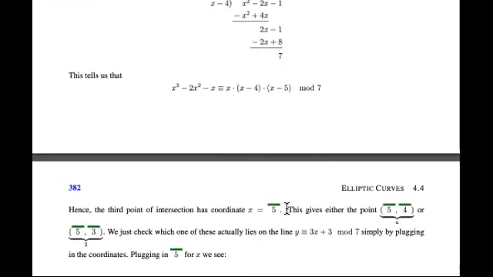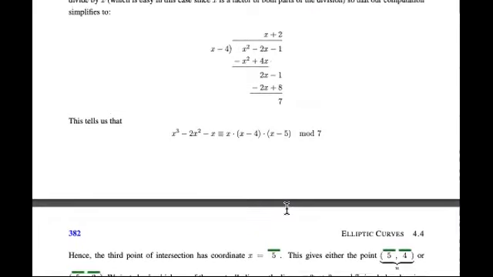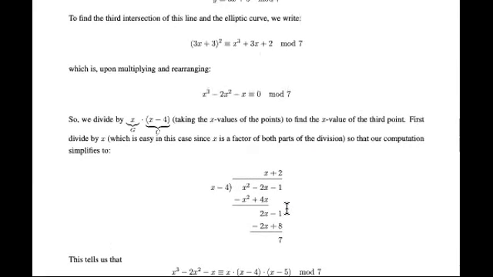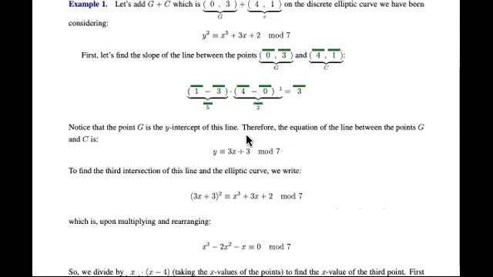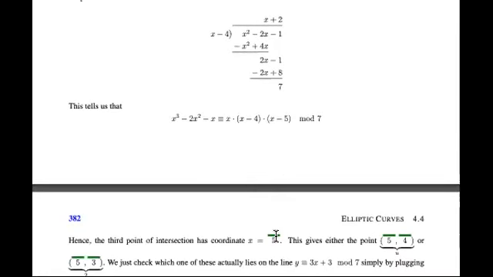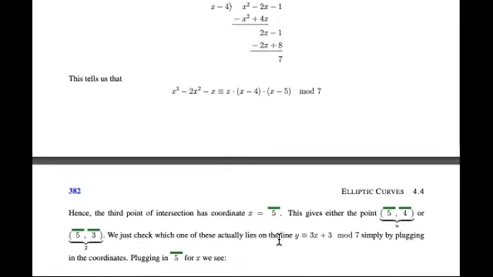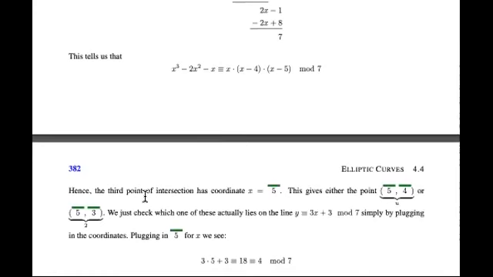So then we can plug in 5 bar to solve for y. It's going to be on both this line and that curve, so we may as well just plug it into the line here to find out what y is. Before, we plugged 5 into the curve equation, got 2 square roots, and saw which one was actually on the curve.